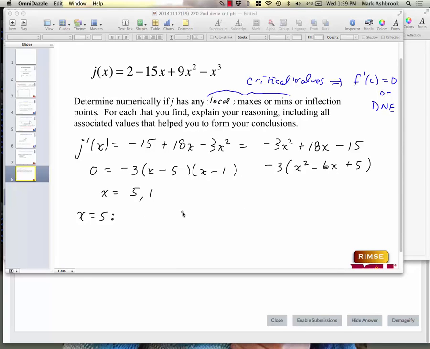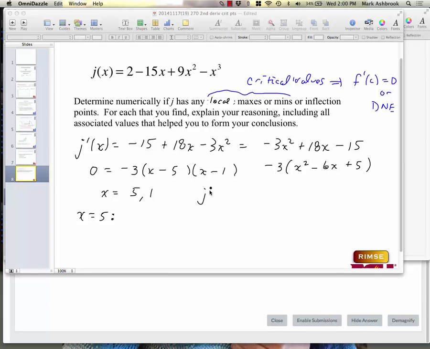Okay, so he's saying one thing you could do is take a number a little bit less than that and a little bit greater than that and look at the first derivative. We said that if it's a local max, the first derivative will change from what to what? Not increasing to decreasing. Positive to negative. So we could take 4.9 and 5.1, put them in the derivative, and see if it changes sign. If it changes sign, then we have either a local max or a local min, depending. What was the other thing we could do?